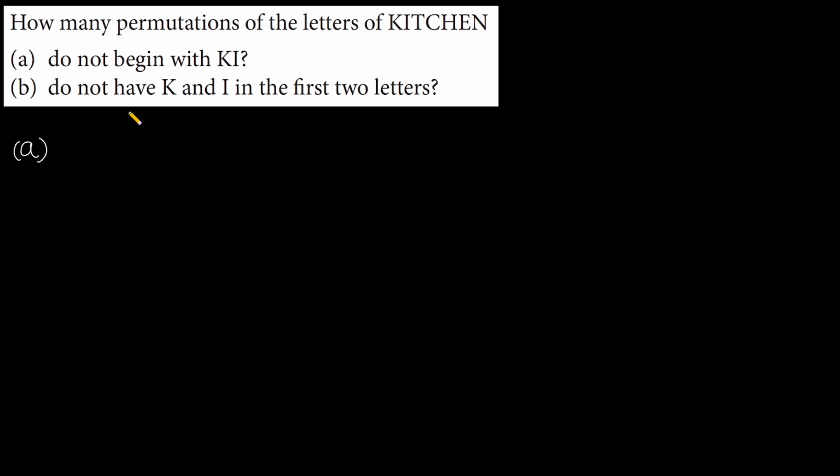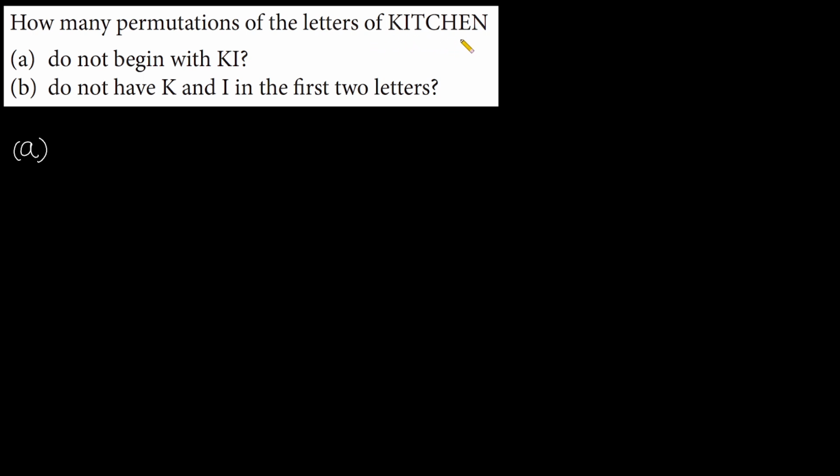We can find the total number of permutations, and then find the number of permutations that begin with "ki". Then we use the total number of permutations minus the number of permutations that begin with "ki", and we get the number of permutations that do not begin with "ki".